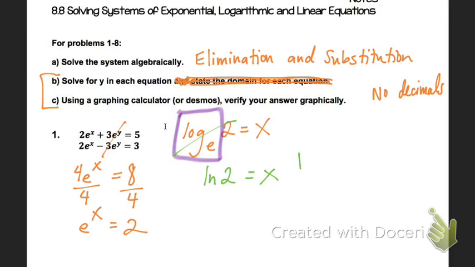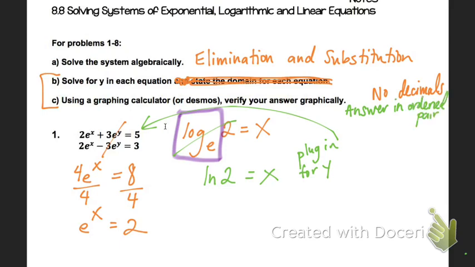So once you get your x, plug in to one of these two equations for y, and my answer will be in an ordered pair. So under this no decimal, I want you to put answer in ordered pair. I can choose either one.